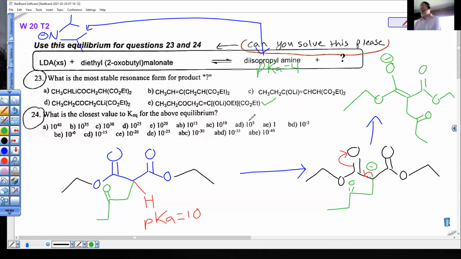And pKeq, you take your 10 from the acid that's on the left. 10 minus the acid on the right. I said 40 and I wrote 4. Yeah, that's wild.